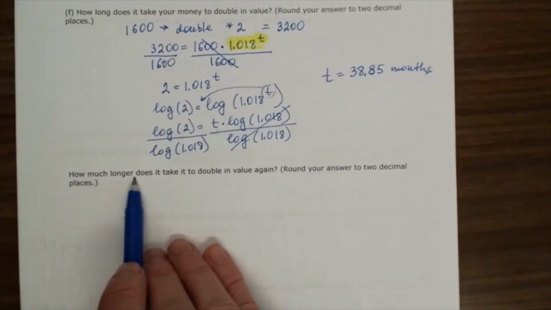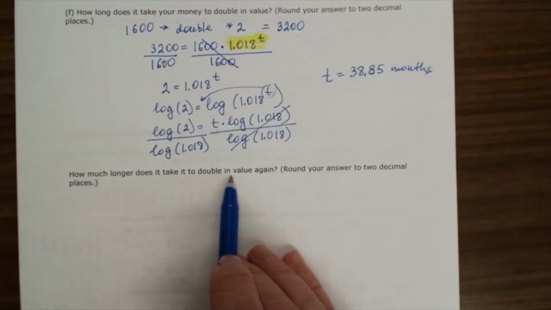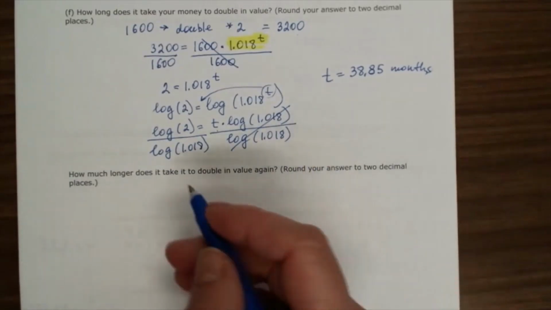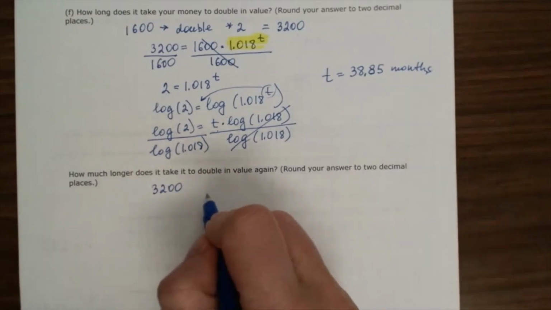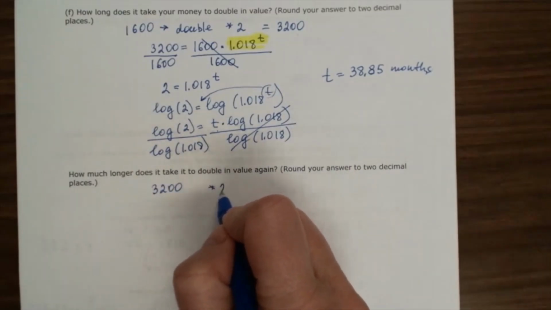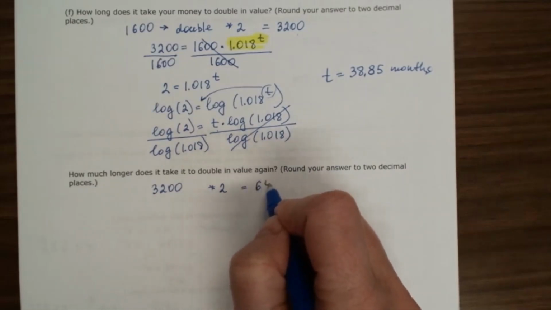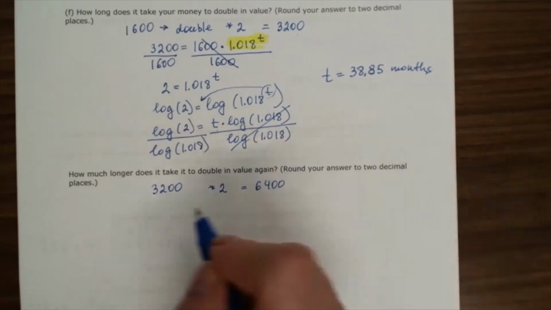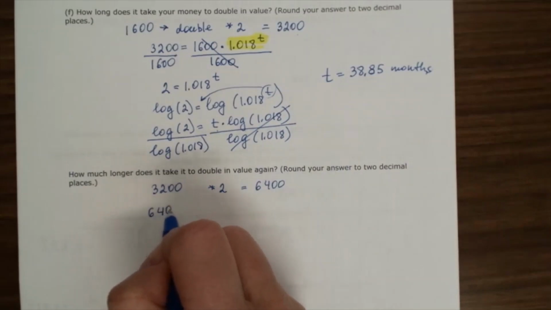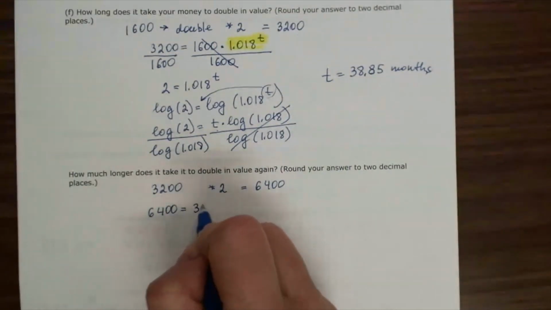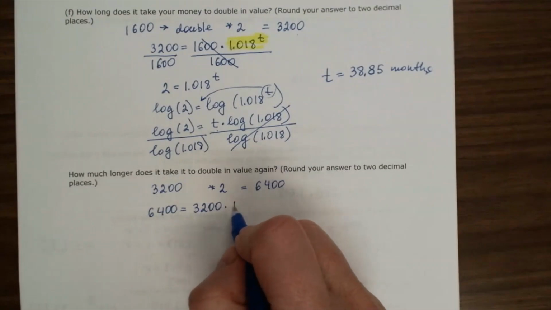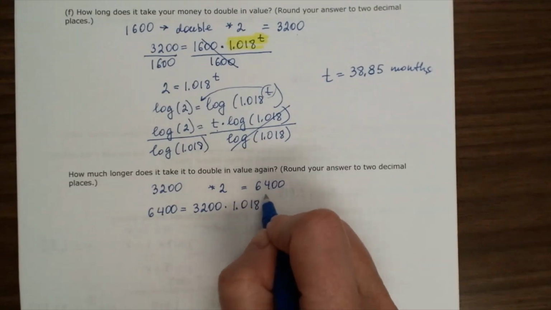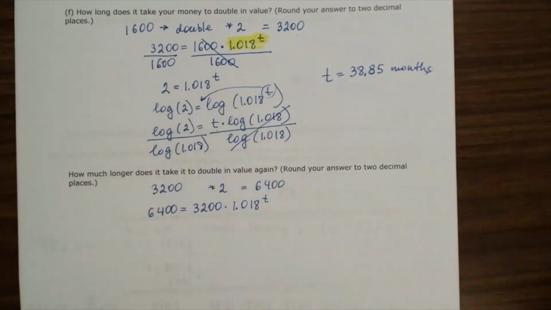How much longer does it take to double again? It means that now we have 3200. Double means multiply by 2, and it will be 6400. We need to solve the equation 6400 equals 3200 times 1.018 to the t power.